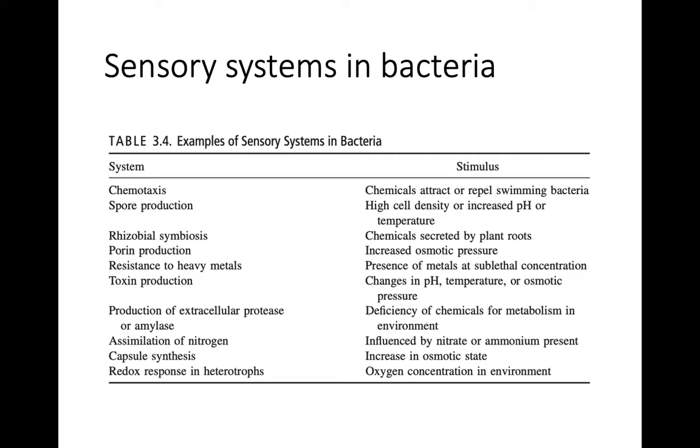Then we also have other examples. For the case of osmotic pressure, then capsule synthesis. Okay, so these sensory systems are generic examples that occur in multiple groups of bacteria.